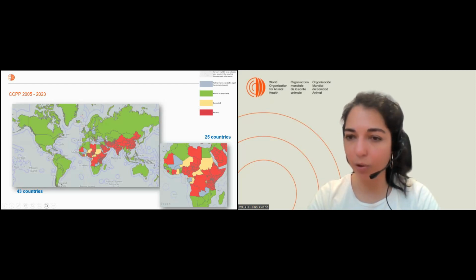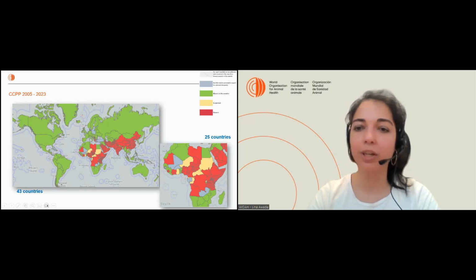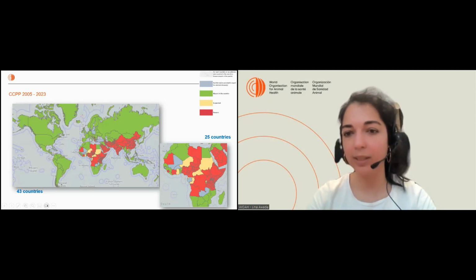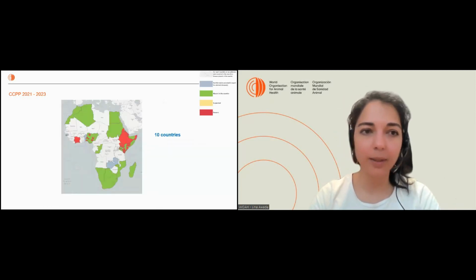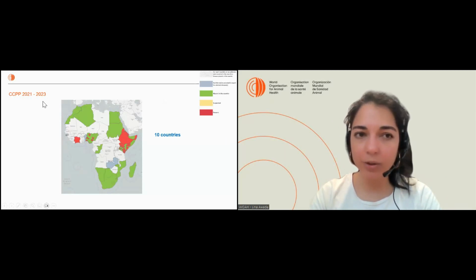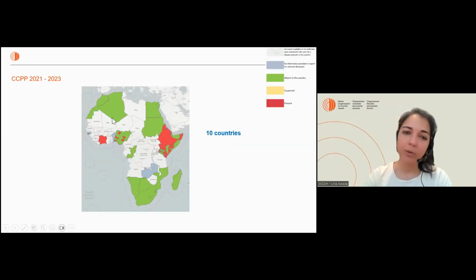If we look closer at Africa, there are 25 countries in the region which have reported presence or suspicion of the disease at least once since 2005. Looking only at the recent years, since 2021, we have 10 countries in Africa which reported at least once CCPP.